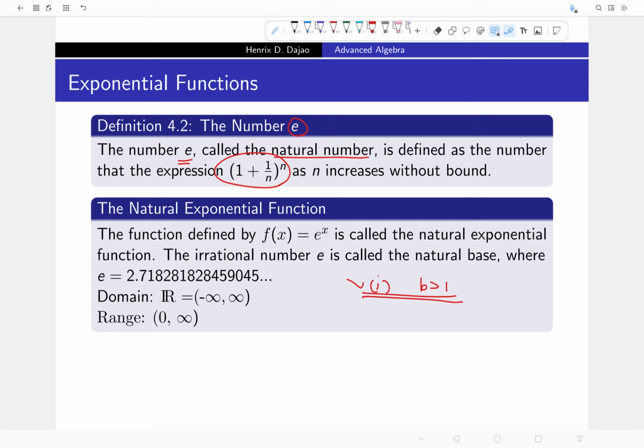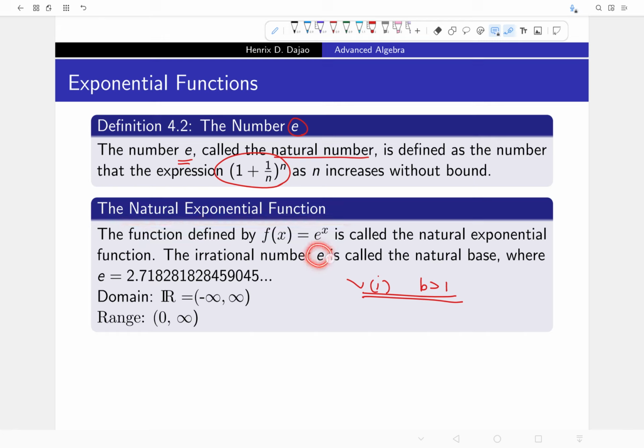The natural exponential function is the function f defined by f of x equals e raised to x. And e, remember, is a constant, not a variable. If the function f is defined by this equation, then that function is called the natural exponential function.